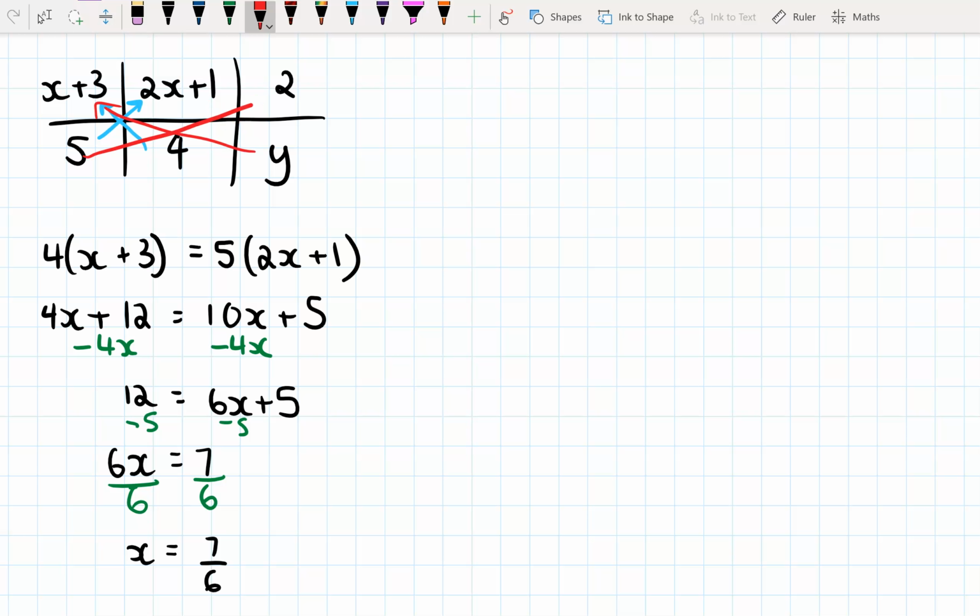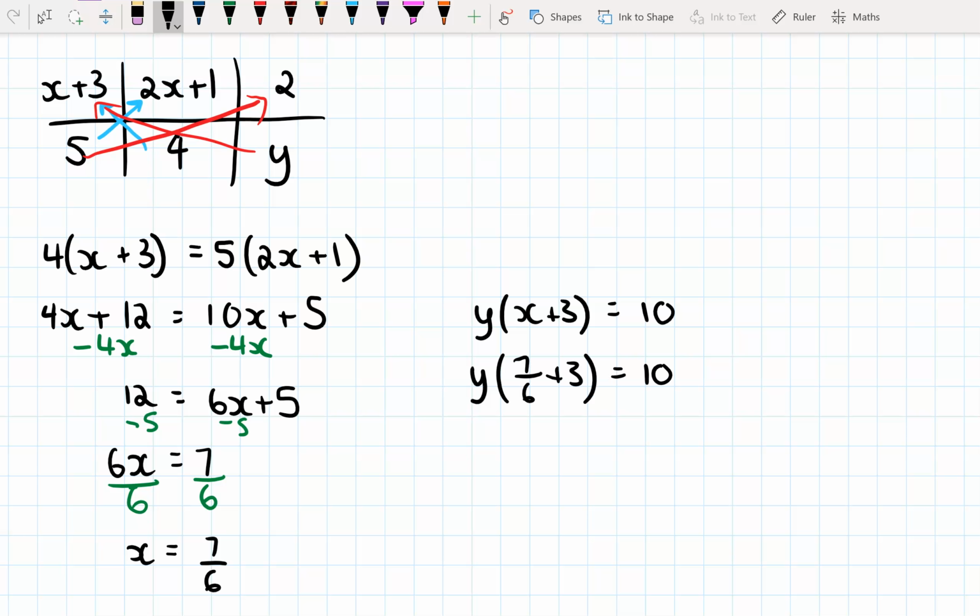Okay, but we can actually show that you get the same answer either way. All right, so we have y times (x plus 3) is equal to 10. Okay, now x was 7 over 6, so we're going to get y times (7 over 6 plus 3) is equal to 10.